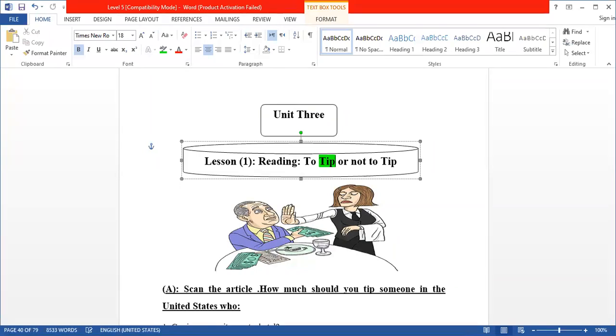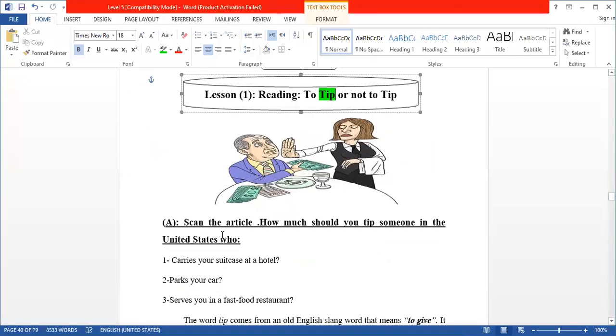It is the meaning of the word tip as a noun and as a verb. Noun, we are going to say tip, or verb to tip. Tip. Okay.